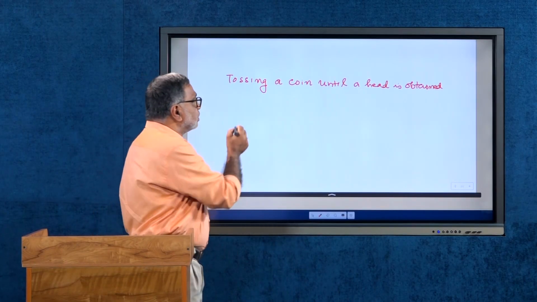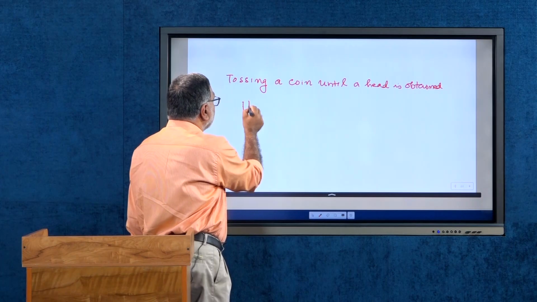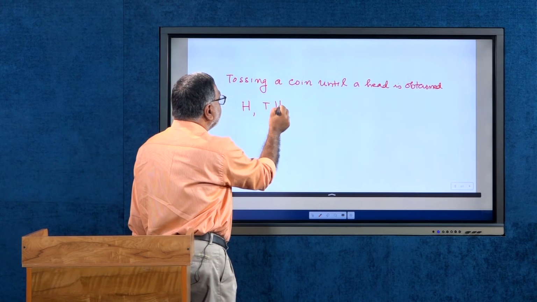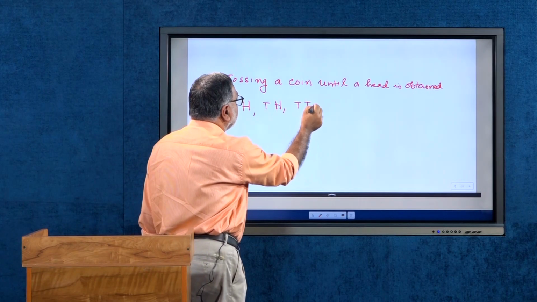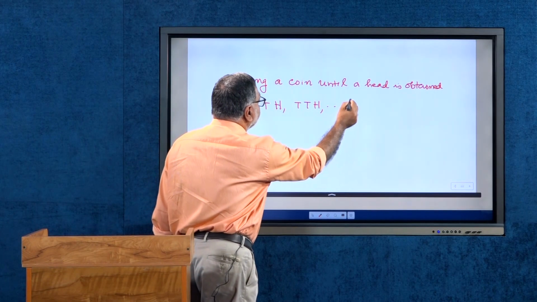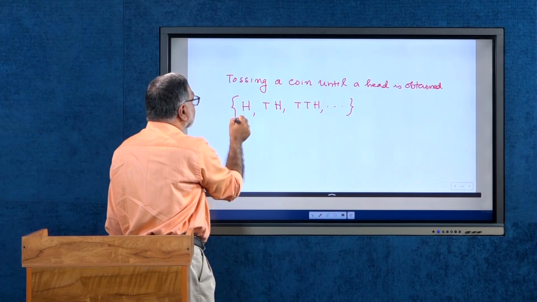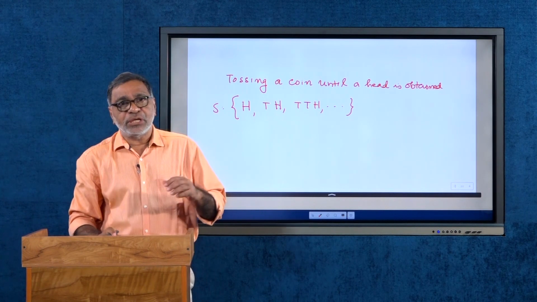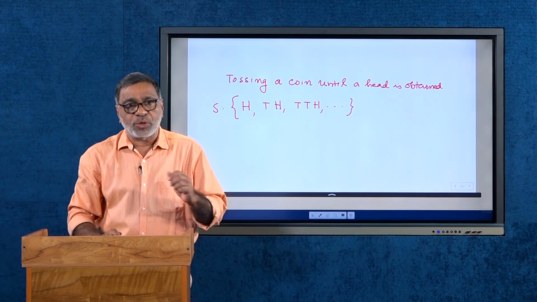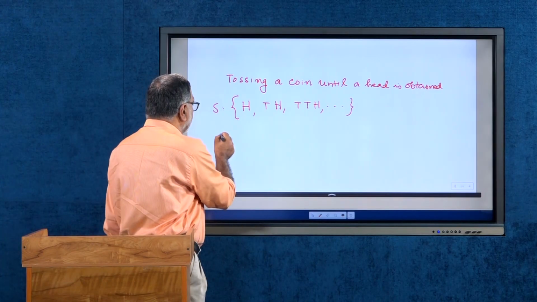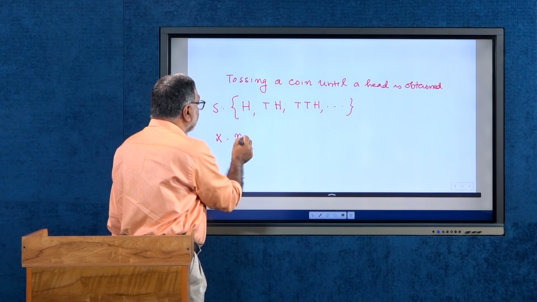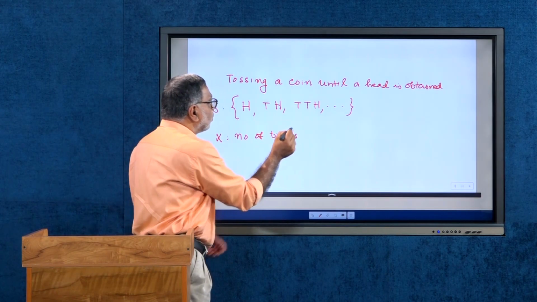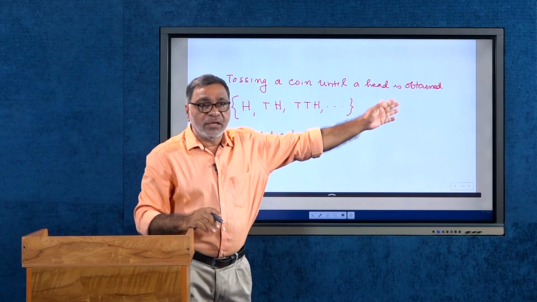So the outcomes may be H, or maybe TH, or it may be TTH, etc. This is the sample space of the random experiment of tossing a coin until a head is obtained. Let us define a random variable x, the number of trials required for getting a head.